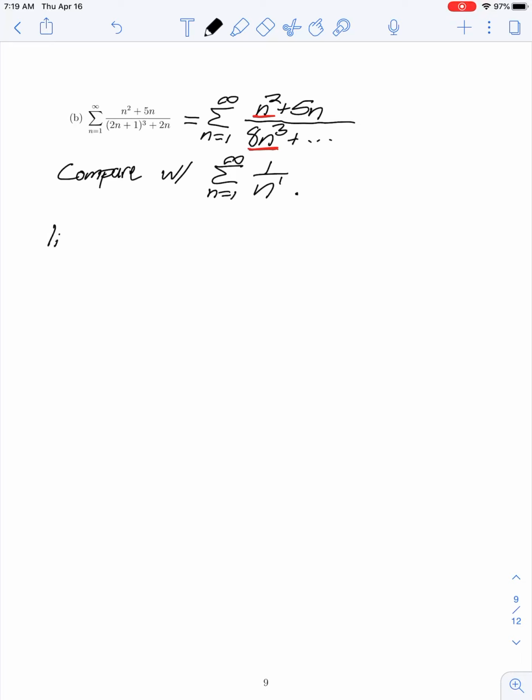So here, if we're applying the limit comparison test, we're going to look at the limit as n approaches infinity of the ratio of our terms. Our first term for the given series was n squared plus 5n all over the quantity 2n plus 1 cubed plus 2n.